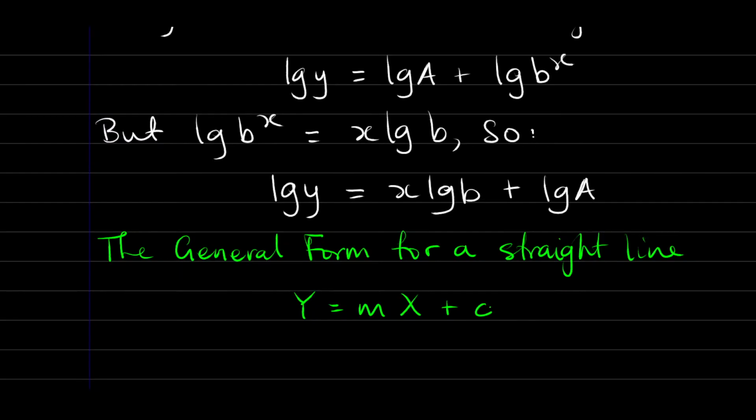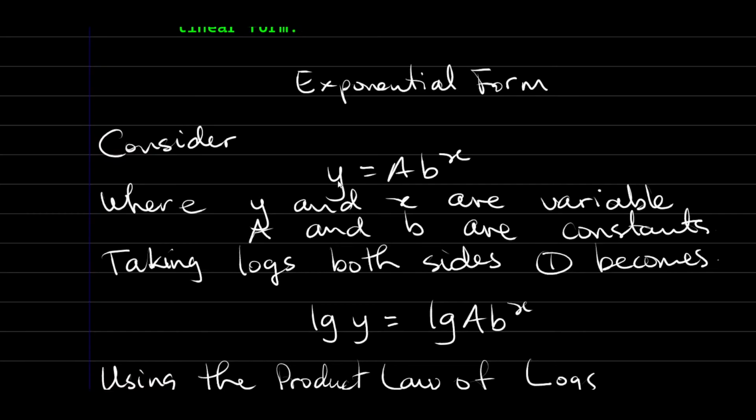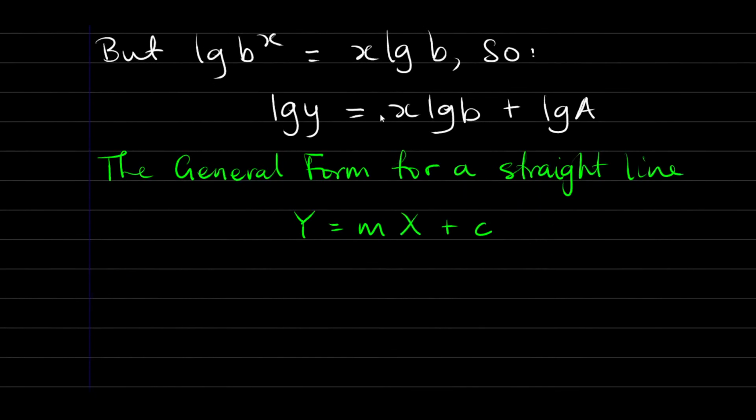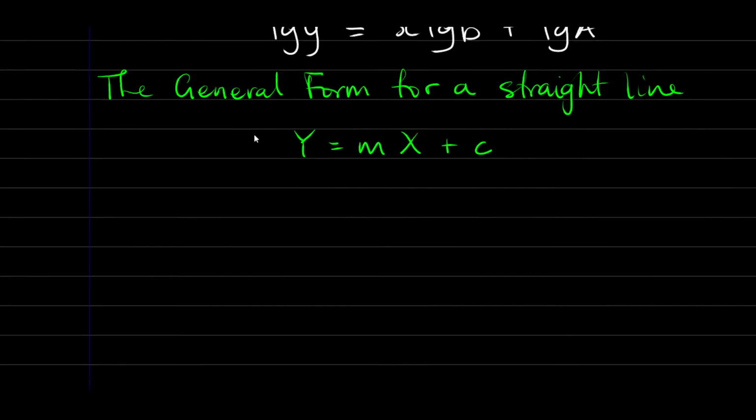Usually everything is in common letters, but because I was a little bit in a rush and decided to use these common letters here, I don't want to go back and erase everything and put capital Y and capital X. So we'll just put capital Y and capital X here, but know that usually this is stated with common letters. So the general form of a straight line is y equal to mx plus c.